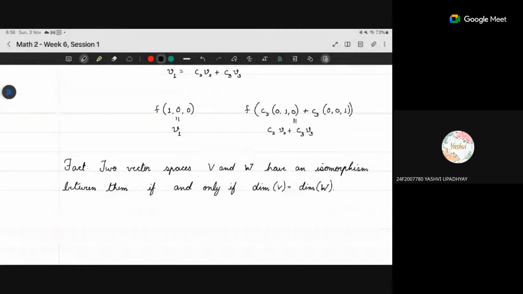So if you make sure that your dimension of domain and codomain are the same, then you can have an isomorphism. And the emphasis is on can have.